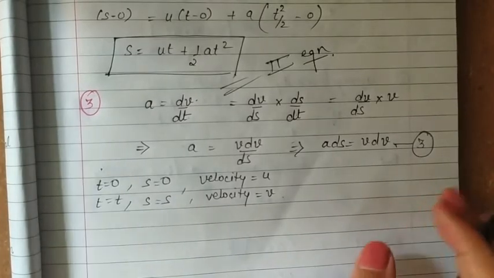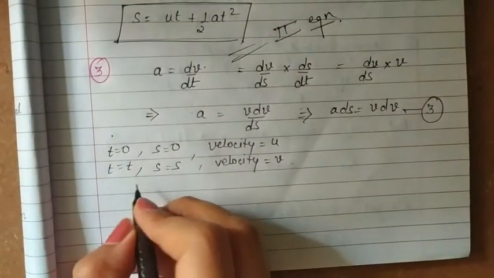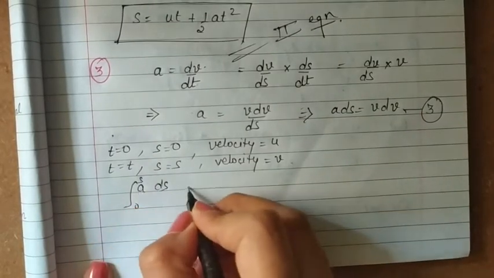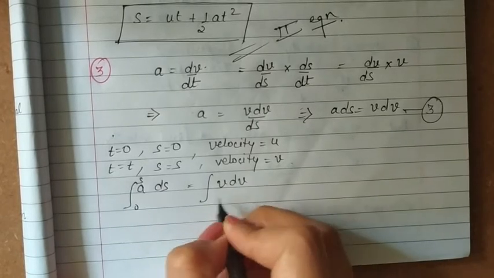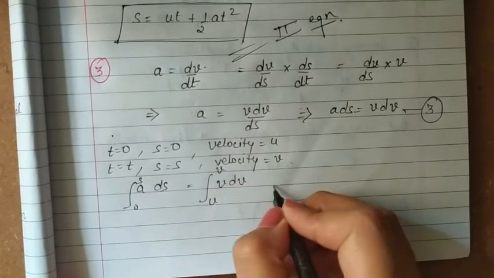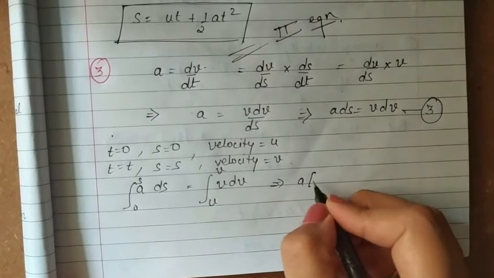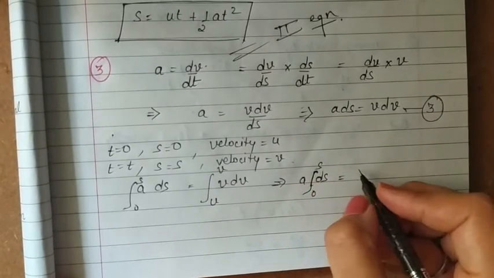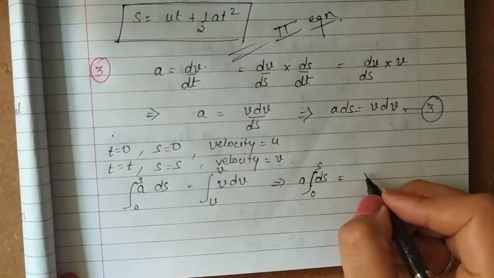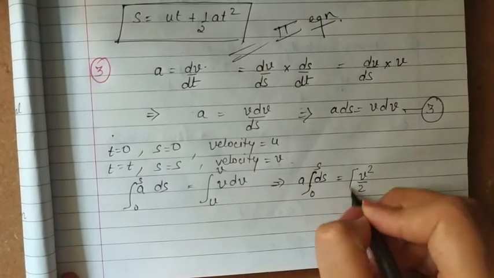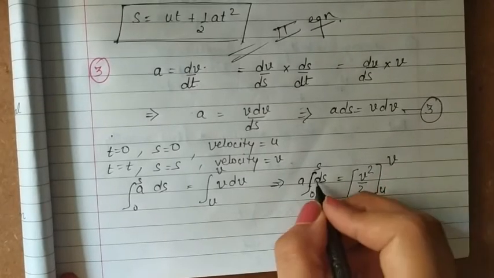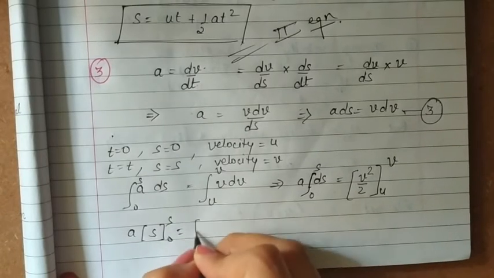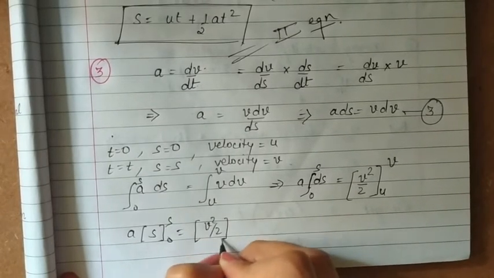So on integrating we get integral a ds limits of 0 to s and integral v dv limits of u to v. On solving we get a and the integral of ds with limits 0 to s, and here when you integrate v then you get v square upon 2 with limits u to v, and for ds it is s and 0 to s, and for right side it will be v square upon 2 u to v.